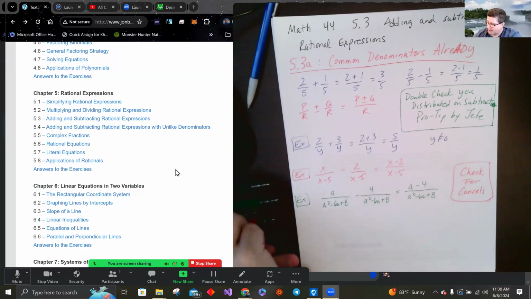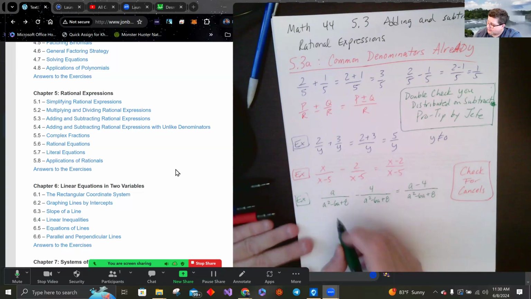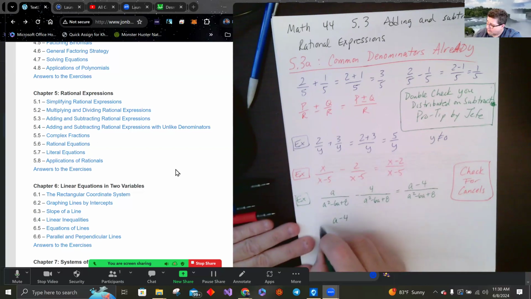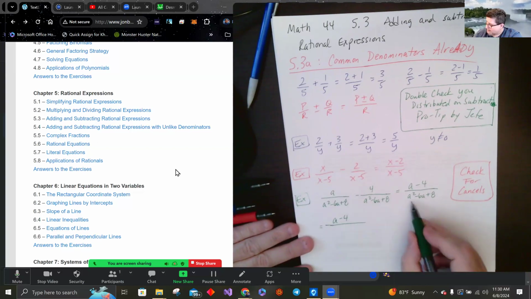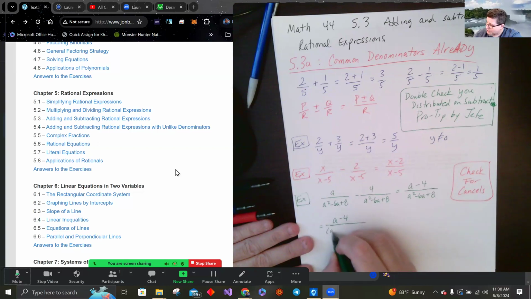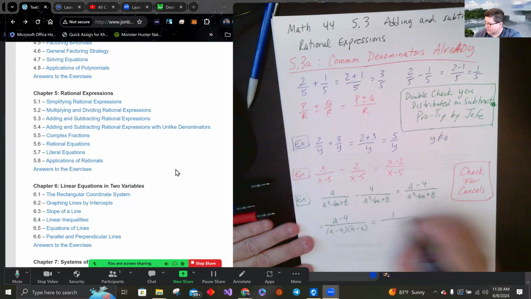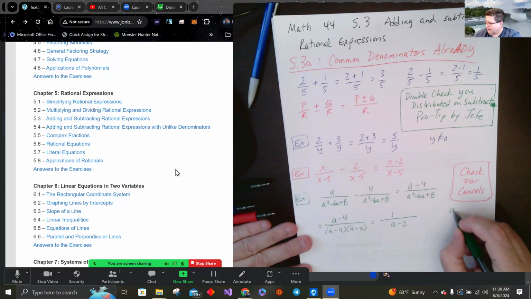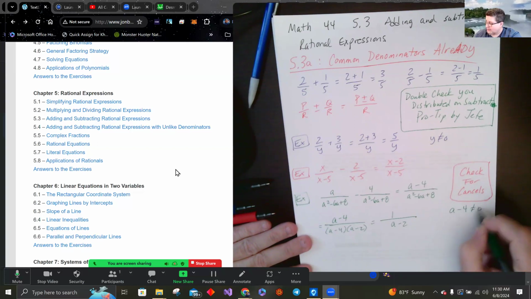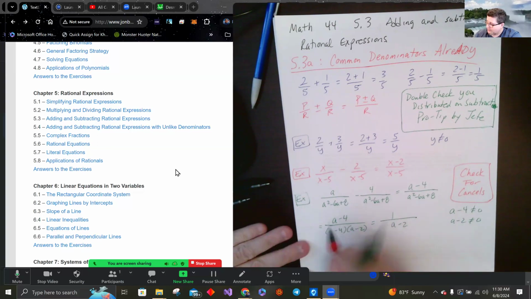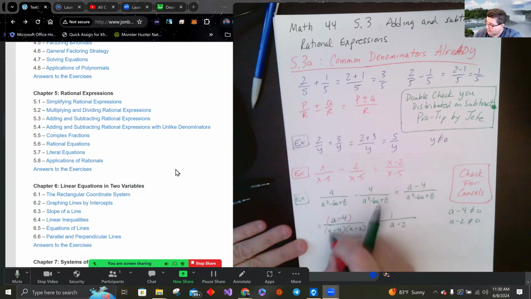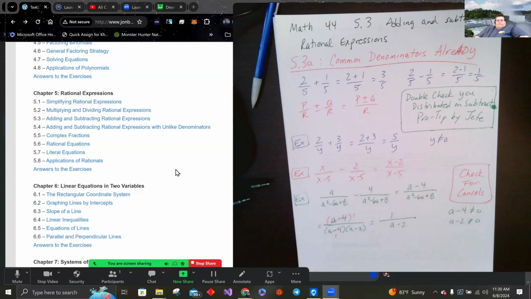So the bottom here factors. This is minus 4 and minus 2. So after I cancel, I get 1 over a minus 2. But a minus 4 cannot equal 0, and a minus 2 cannot equal 0. These two will cancel.